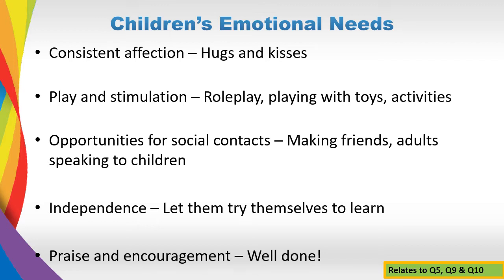Play and stimulation. Giving children the opportunities for play and stimulation is really important for emotional needs. Role play, playing with toys, playing activities for them to have a go and get involved is really important. Opportunities for social contacts, so helping children to make friends, with the adults speaking to the children.